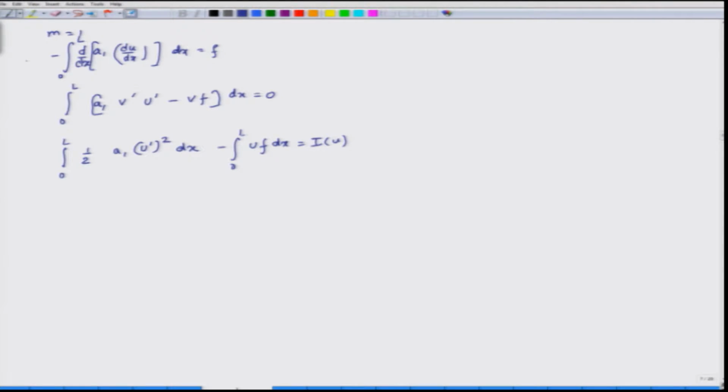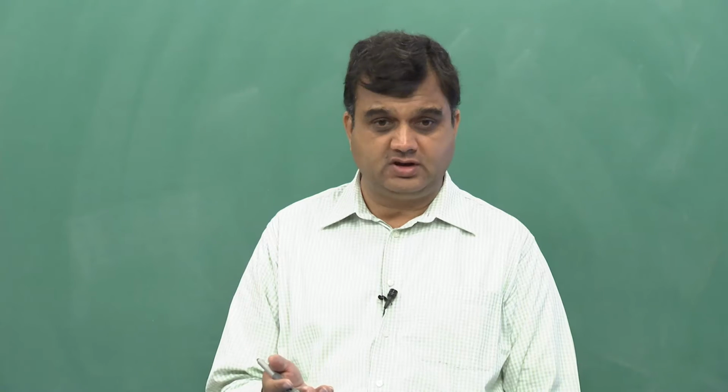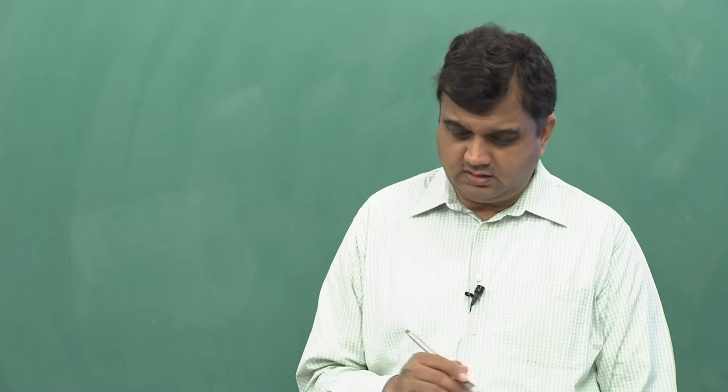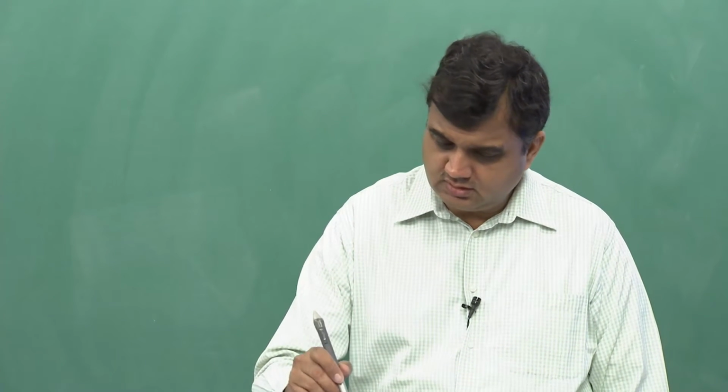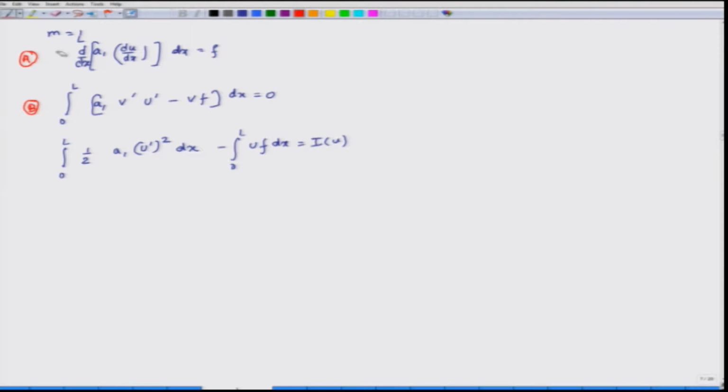So, this is the integral weighted residual form of the governing equation. B is the variational form of this weighted residual form, where I have weakened the differentiability. And I am sorry, here there should not be any integral sign.